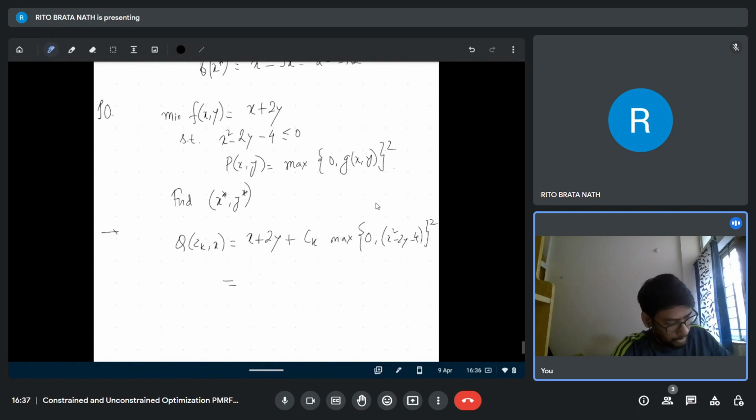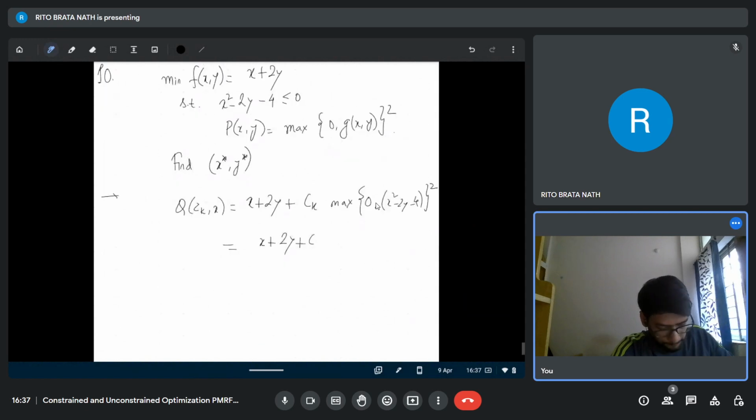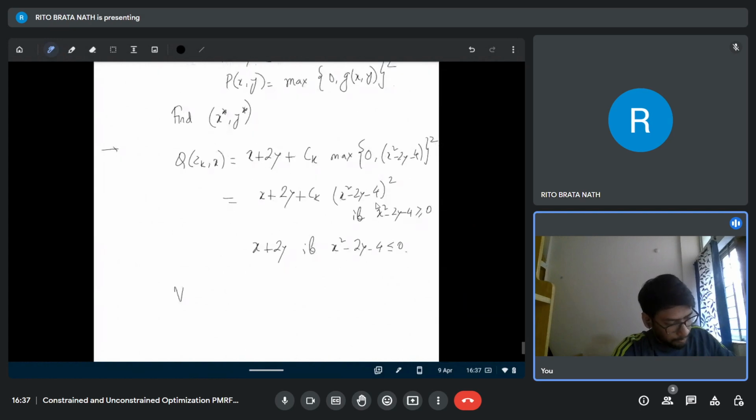So that equals x plus 2y plus c_k times (x squared minus 2y minus 4) whole square if x squared minus 2y minus 4 is greater than or equal to 0, or this equals x plus 2y if x squared minus 2y minus 4 is less than or equal to 0.